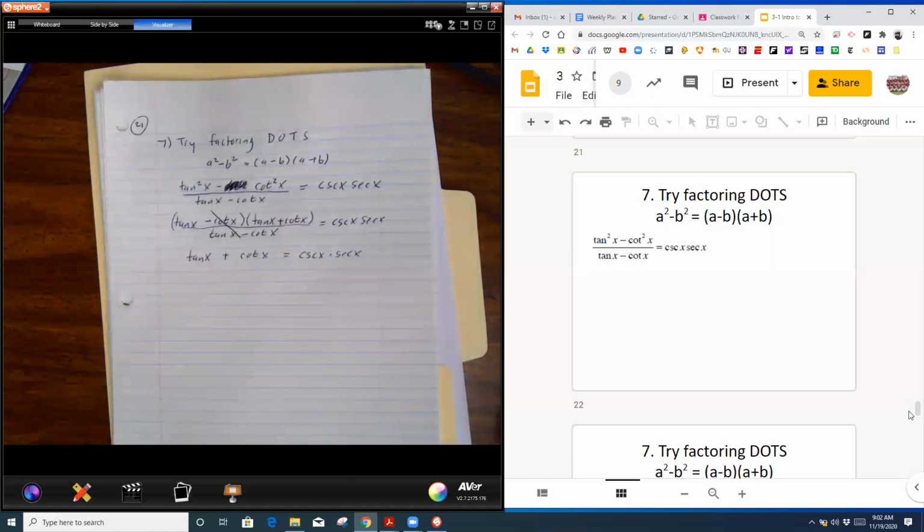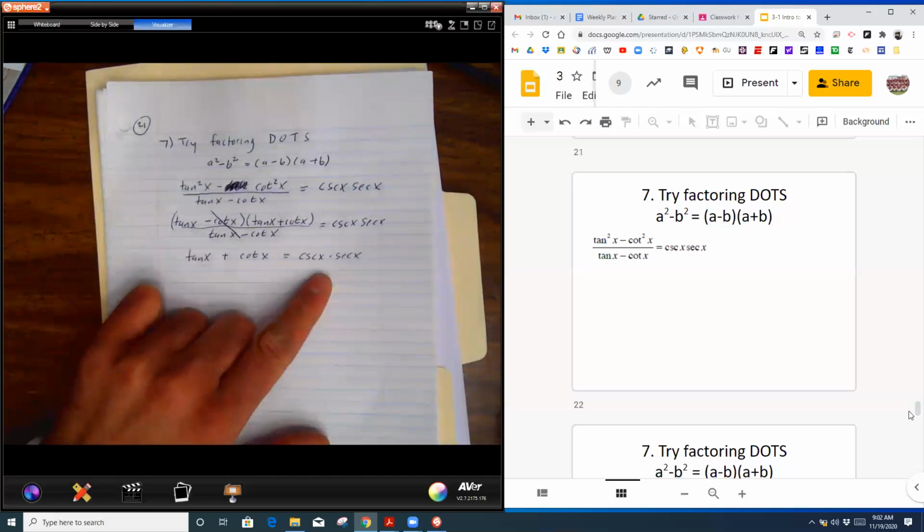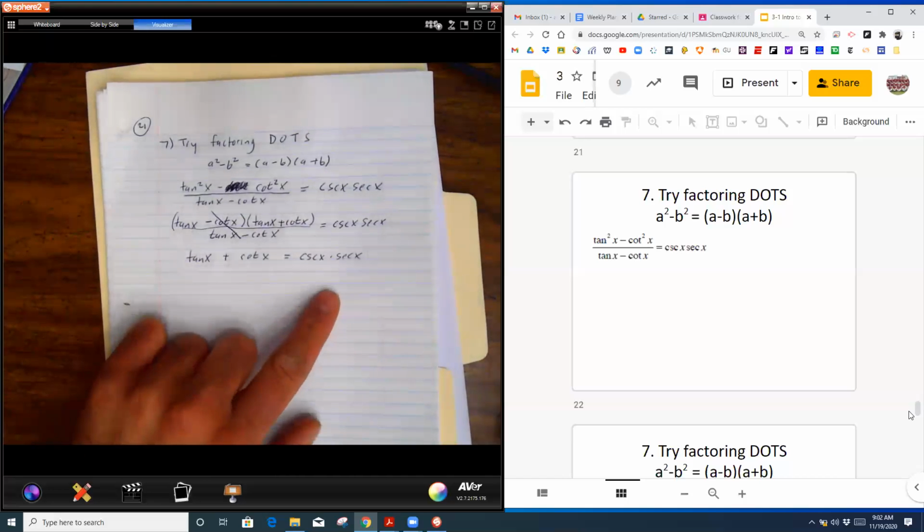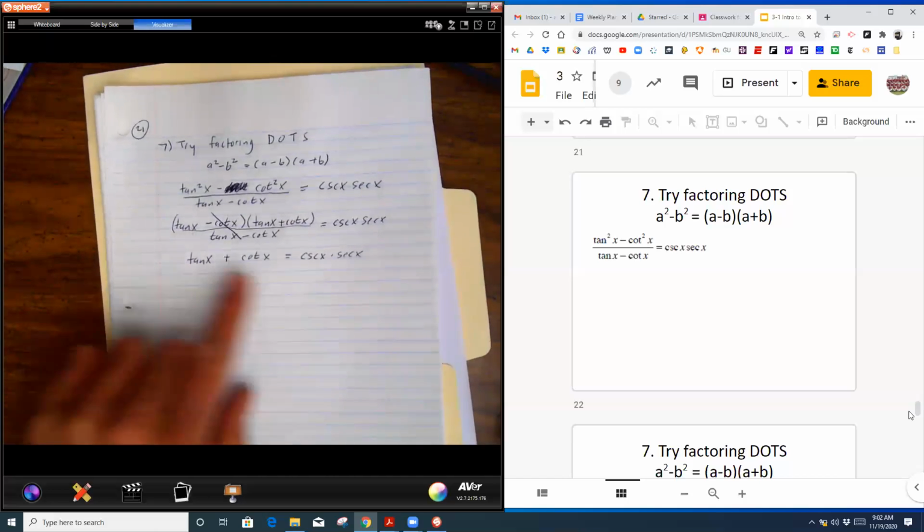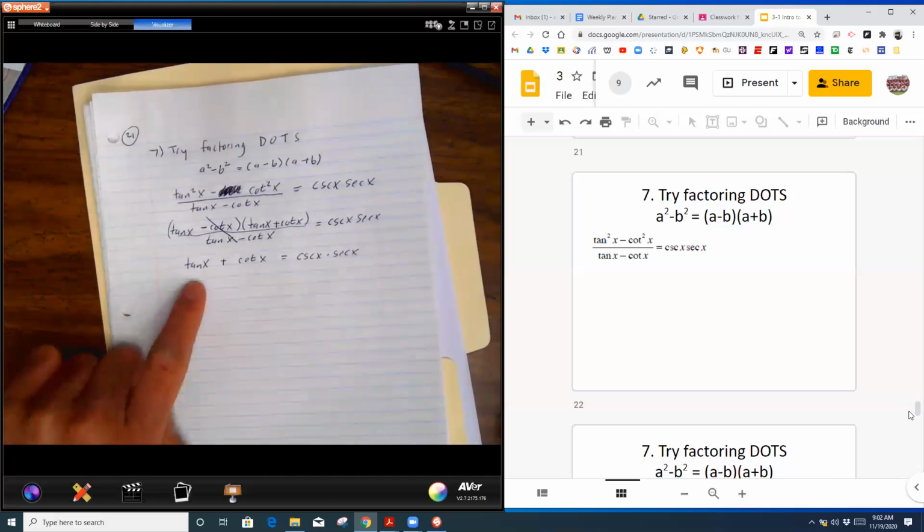And this actually might be a proof that we did already. It sounds familiar. But on the right side, we have one term. We have 2 things being multiplied, nothing being added. So we have one term here. On the left side, we have 2 terms.